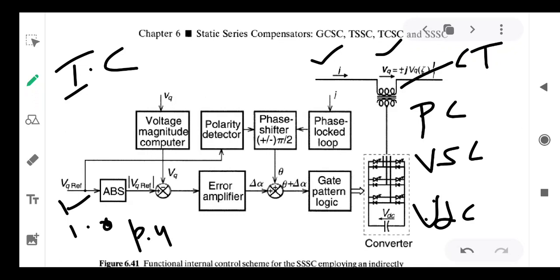V is 1.0, the corresponding value is VQ reference.